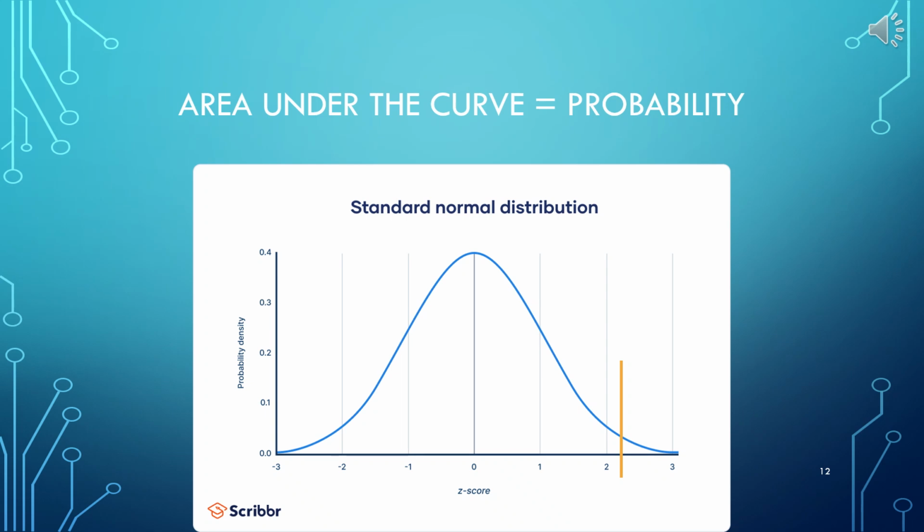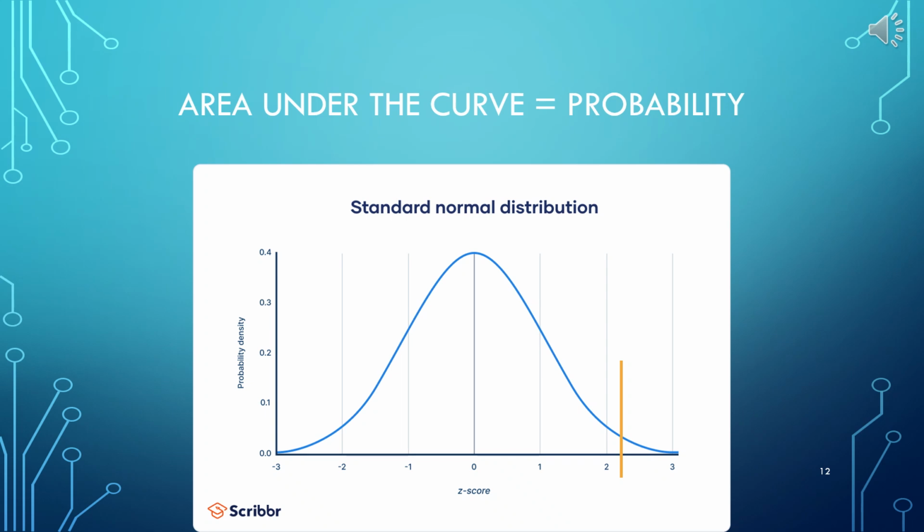So it's not really talking about any area under the curve, and you can't find the probability of having such a high score because you can't calculate an area under the curve.